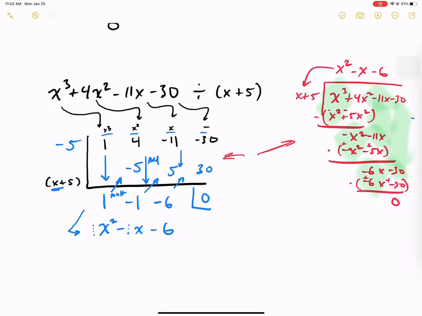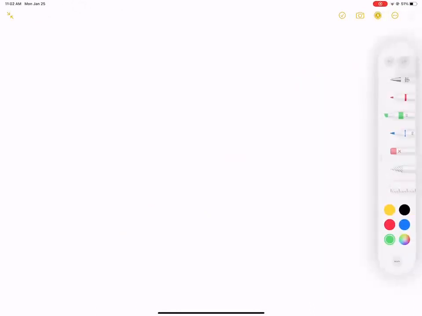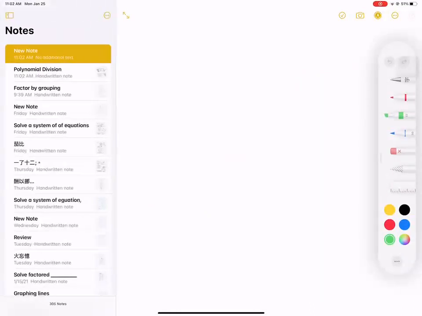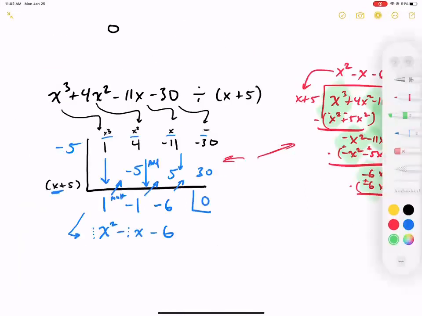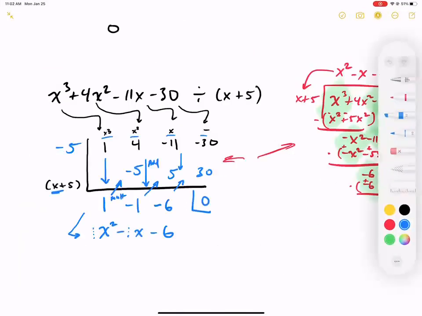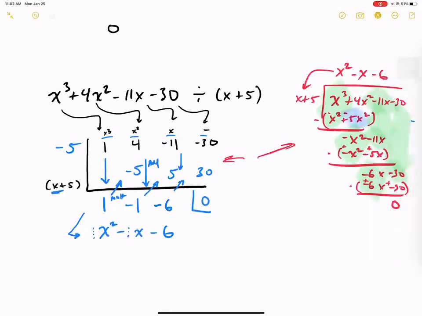Now, I wanted to show you the stuff that I didn't highlight. Look at these numbers that I didn't highlight that are left over. Okay, I'm going to highlight these in blue now. I didn't touch this guy, or this guy.